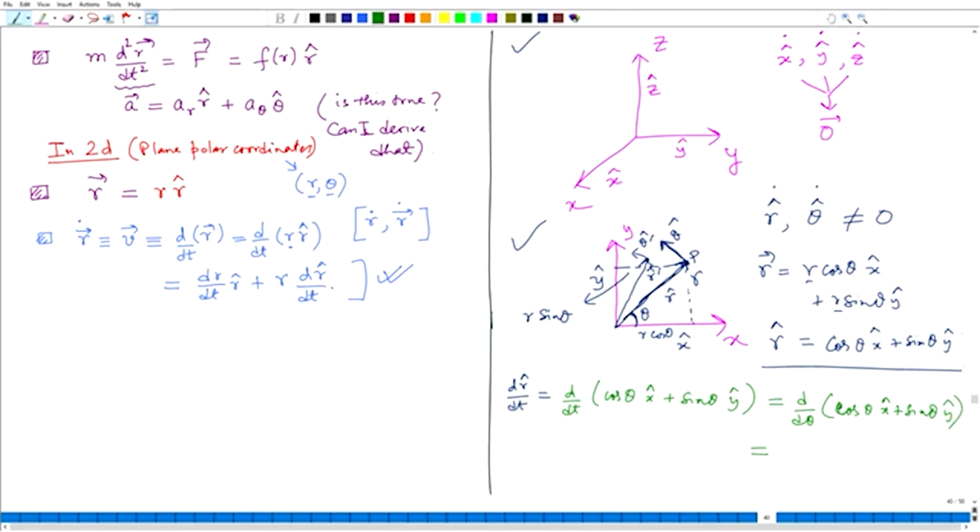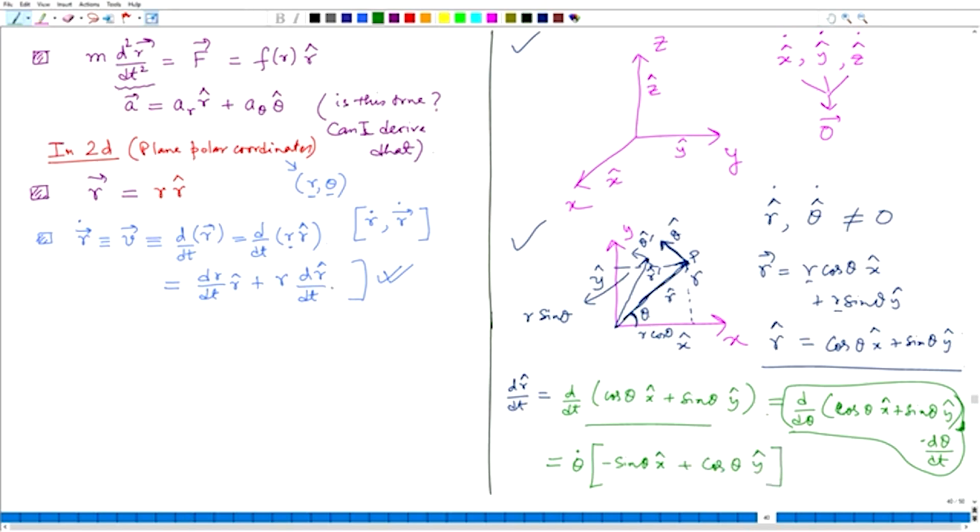So, I can multiply it by d theta dt. I can write this d theta dt as theta dot, and what is d/d theta of these things? This is nothing but minus sin theta x cap plus cos theta y cap.